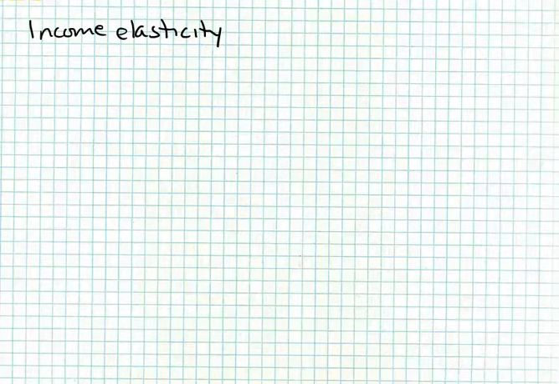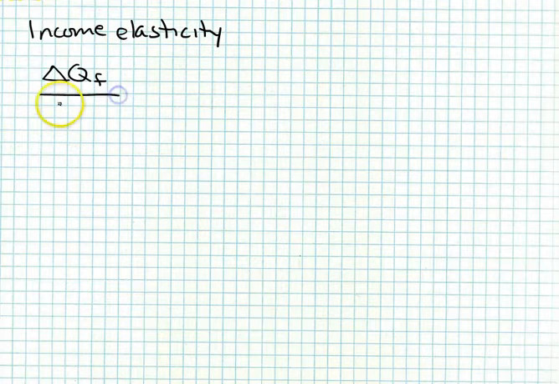In class, I'm going to do some geometry with graphs, but now let's just look in terms of algebra and actually just calculate. So really what we're looking at is a change in the quantity, and we'll say food, given a change in income, and we multiply that by income over the quantity of food. To have a change, we have to have two quantities and two incomes.